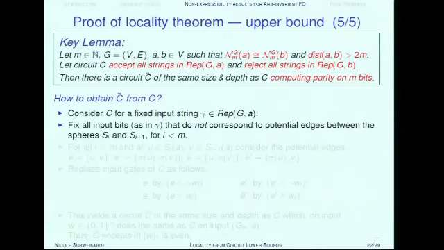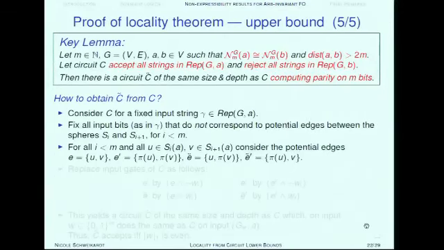We consider our circuit C that computes the query for some fixed input string gamma which represents G and A. And now for all input bits that do not correspond to edges from shells of these neighborhoods, just fix them. We are in a non-uniform setting, so we can just fix them.